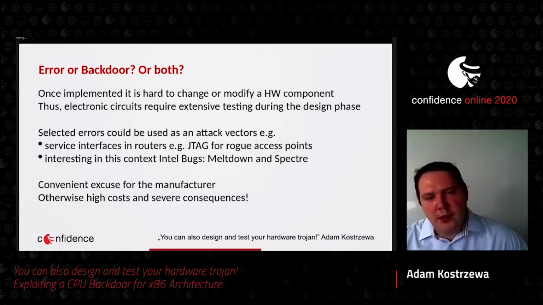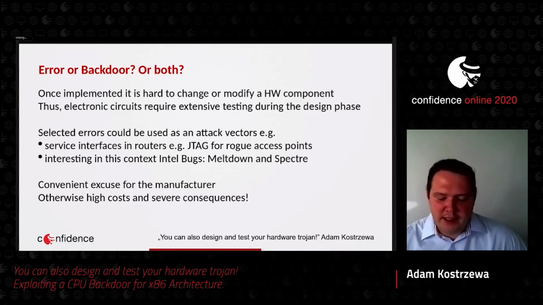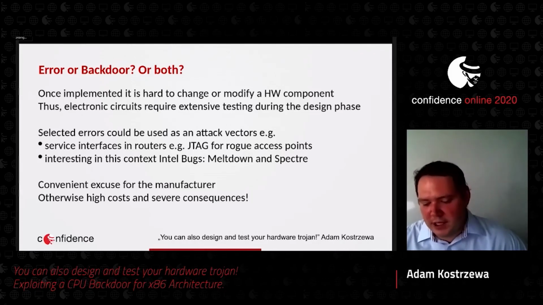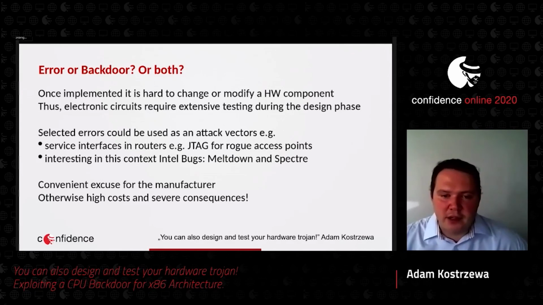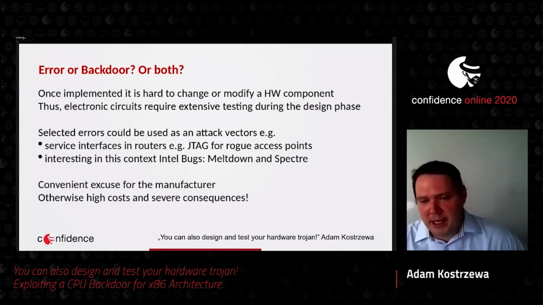So what you're doing, you're testing your components extensively. And once again, what if you find a specific bug which is not obvious during your test phase and you just leave it? The question is whether it is already a CPU backdoor or still a bug.